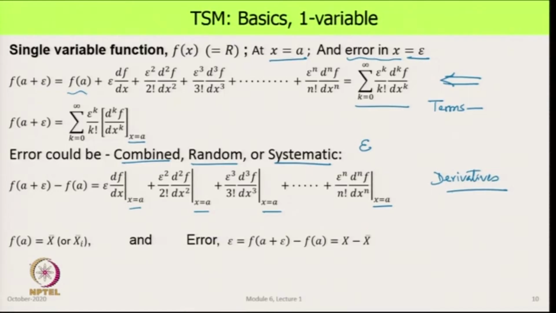So, f a in our notation would correspond to the mean value of the variable, error would correspond to x minus x bar. So, this is very basic statistics, all of this is from school and maybe first year mathematics courses.